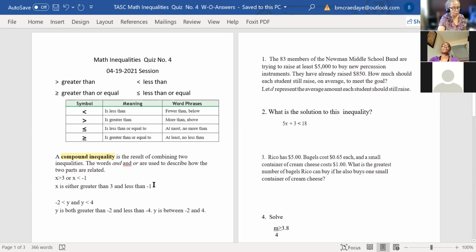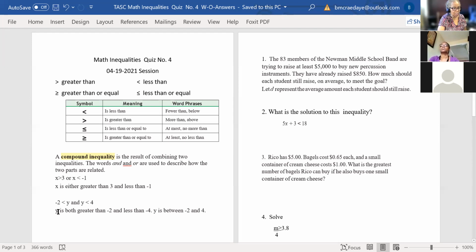That's the or. The and is when you have two inequalities and they both are true. For example, y is greater than negative 2 and less than 4. Now, if minus 2 is less than y, then y is greater than negative 2.